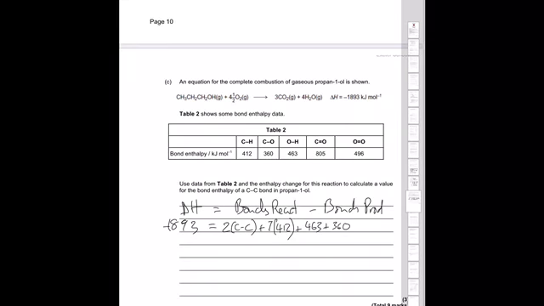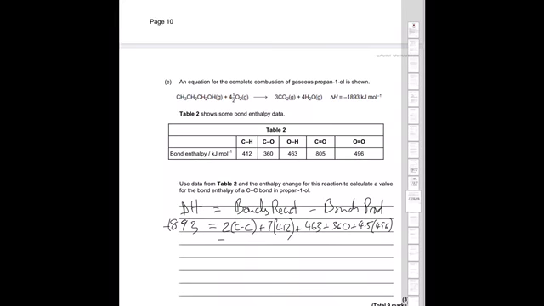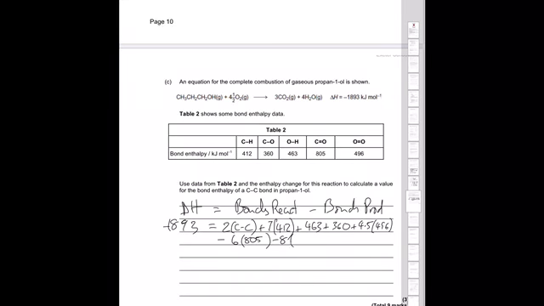And you've got an OH bond, which is 463. And then you've got 4.5 times the O=O bond, which is 496. So 4.5 times 496. And then you take away 6 lots of the C=O double bond. So that's 805. And take away 8 times the OH bond, which is 463.